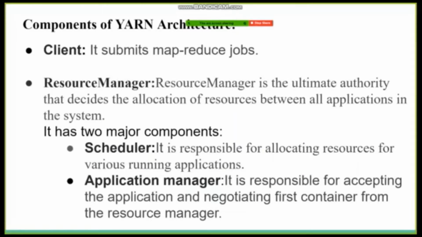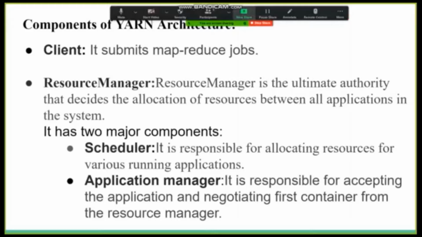Its components are the client, resource manager, node manager, application master, and the containers. The first component is the client, and it submits the application. The resource manager is the ultimate authority to decide the allocation of resources and allocates using the scheduler. The other component of the resource manager is the application manager.